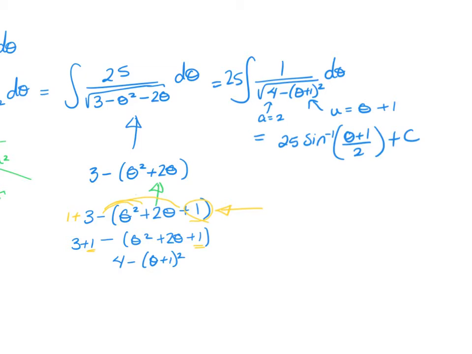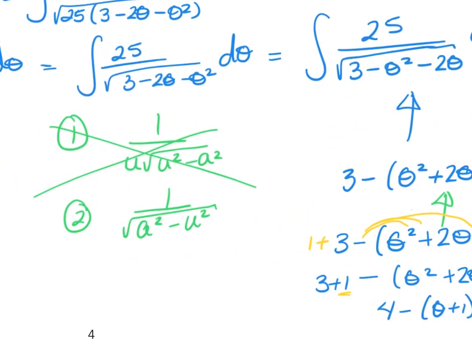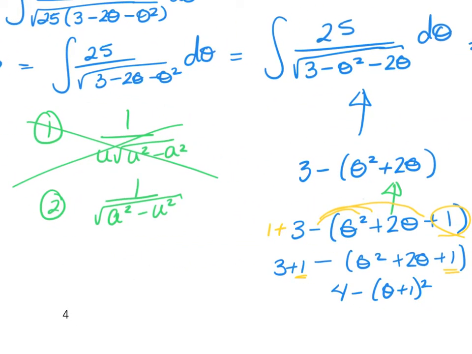Okay, so we're looking for that pattern. The pattern we are looking for, because I have these 3 choices here, is something squared, a number squared, minus some function squared, underneath the square root. I know I can't use this one because that function is outside of the square root, so it's the sine.